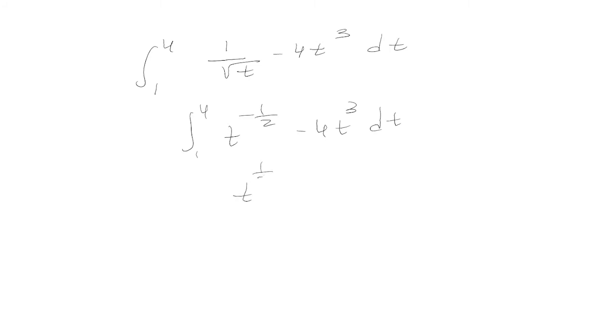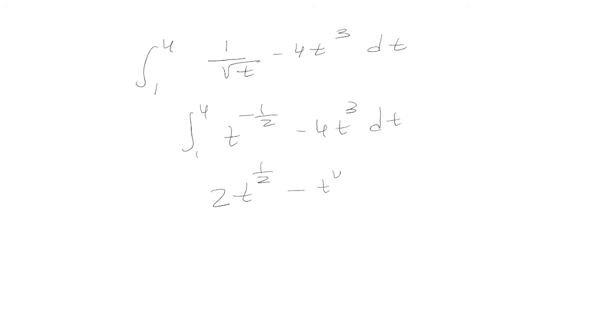Okay, next one is the integral from 1 to 4 of 1 over the square root of t minus 4t cubed dt. So this will just be t to the negative 1/2 rewritten. And then we add 1 and multiply by the reciprocal of that.